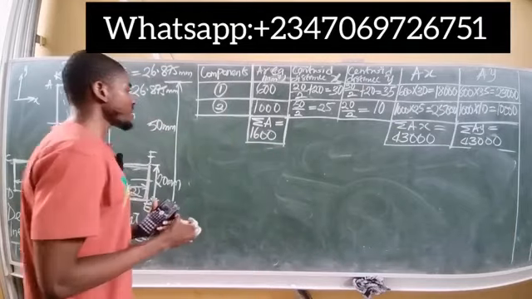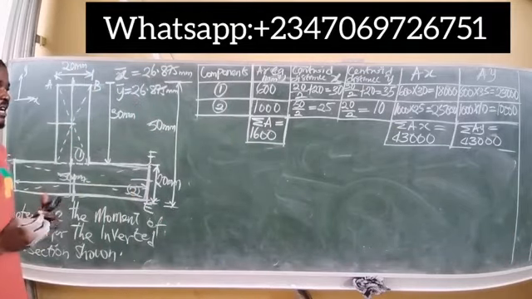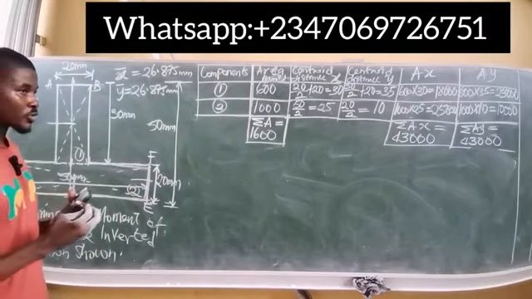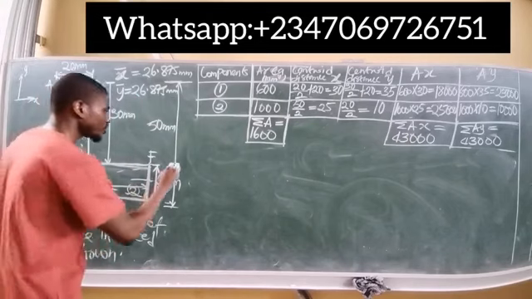So I said to determine the moment of inertia, the parallel axis theorem is simply the best approach. Now, what is this theorem?